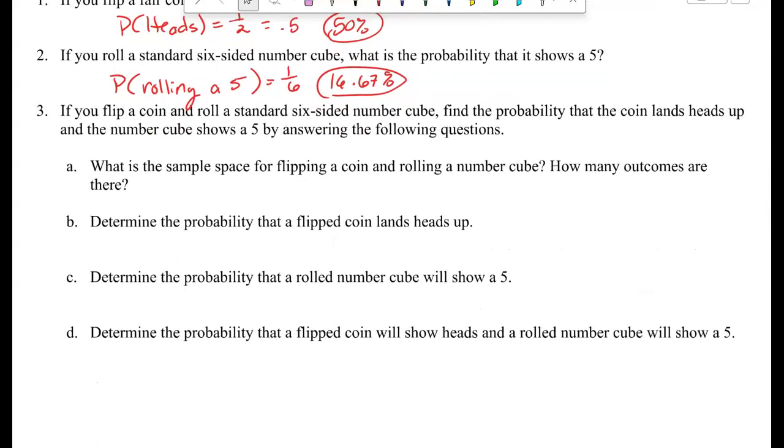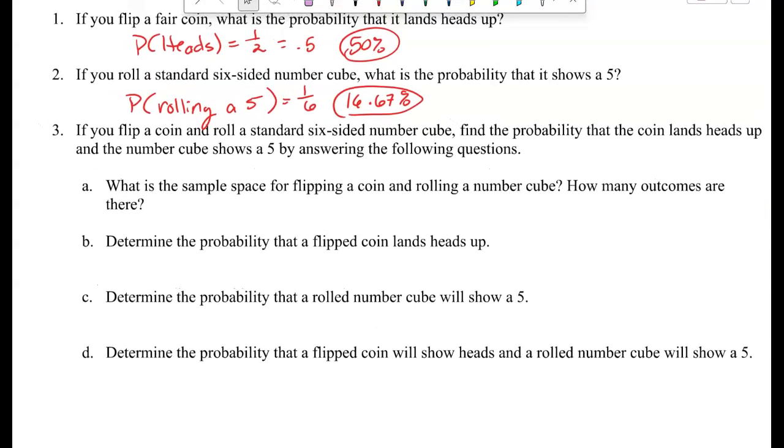So, here's what we're going to do next. It says, if you flip a coin and roll a standard six-sided number cube, find the probability that the coin lands heads up and the number shows a 5 by answering the following questions. So now it's not just the coin or just the dice. It's both.